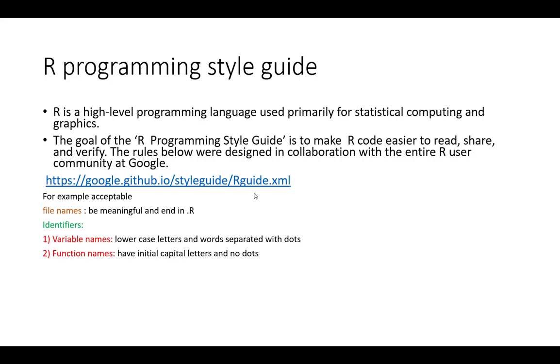For example, acceptable file names should be meaningful and end in .r. For identifiers, variable names, we use lowercase letters and words separated with dots. And function names have initial capital letters and no dots.